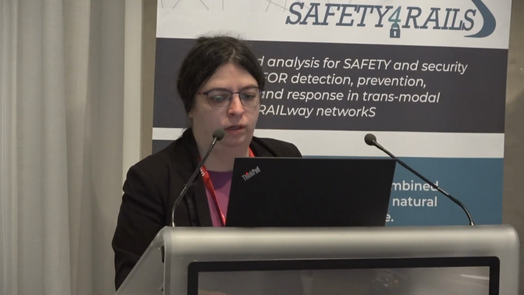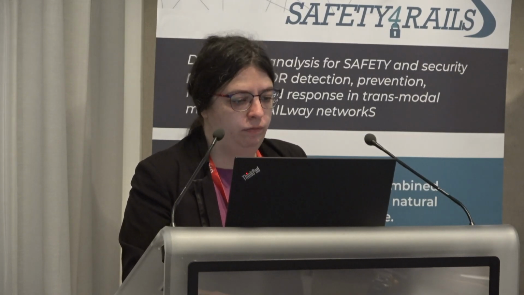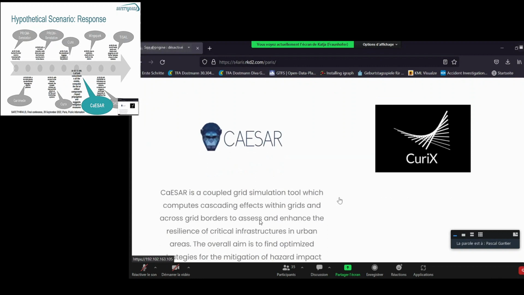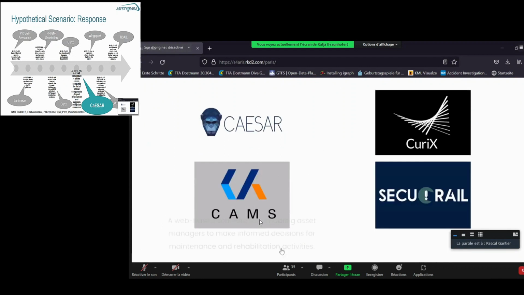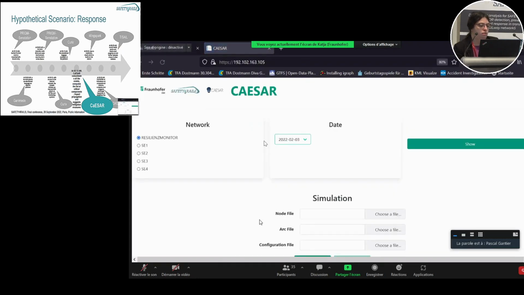Okay, so I'm Katja Feist from Fraunhofer EMI, and we developed here CSAR, which is a tool for coupled grid simulation, which can estimate how an impact is going through the network.